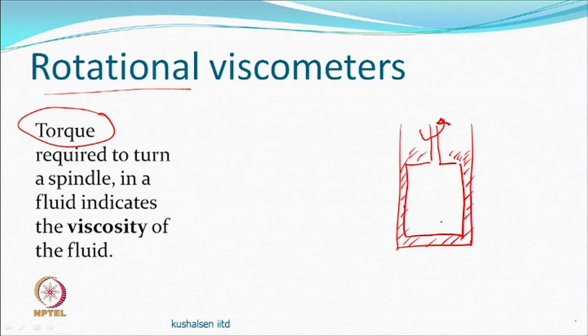Now, in this case, the distance between the inner portion of the container and the outer surface of the spindle could be very small or very large.